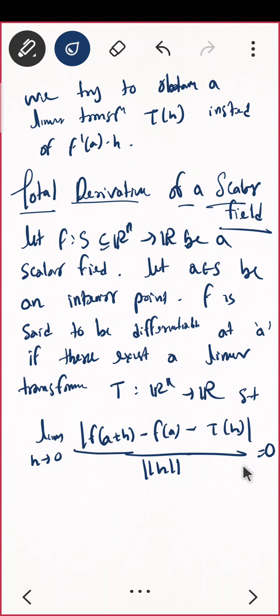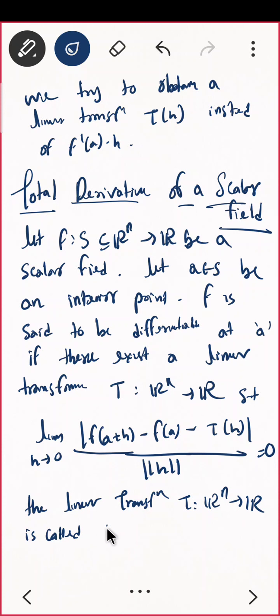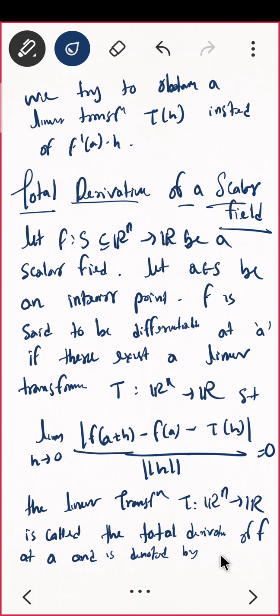And the linear transformation T of h that came, the linear transformation T from Rn to R, is called the total derivative of f at e. It is denoted by df of a, the derivative of f at a, correct? Is that clear? Just go through the definition once again.